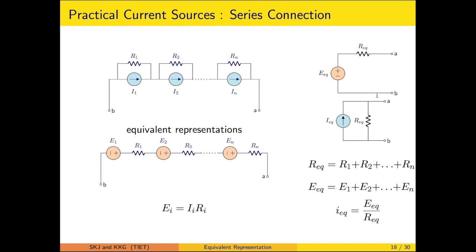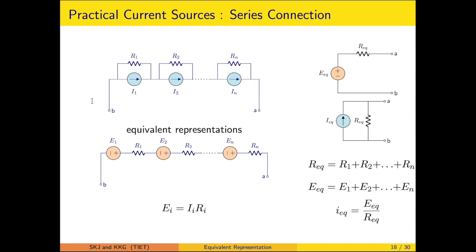Now an analogous discussion has to be carried out while finding the equivalent of a number of series connected current sources. An individual current source of practical nature is represented by an ideal current source and a parallel resistance. This is the first source, with similar representations for the second source and the nth source.